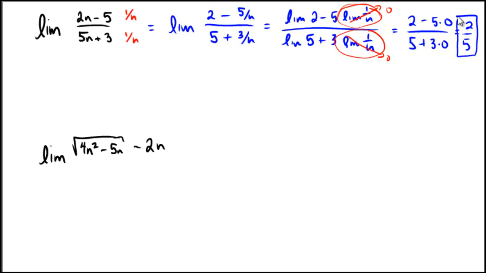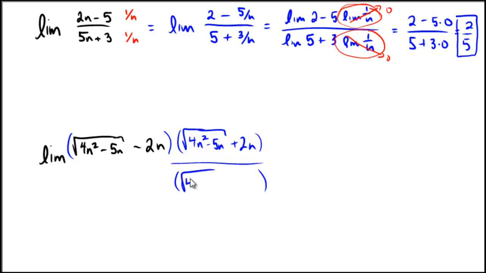Now the second one, this is an infinity minus infinity form, right? So it's indeterminate. So the strategy on this particular one, since it involves a radical, might be to multiply by the conjugate. Turns out that's going to work here nicely, but let's give it a shot and we'll see. We multiply by the square root of 4n squared minus 5n plus 2n, over the same. So when we distribute here, we're going to have a limit.